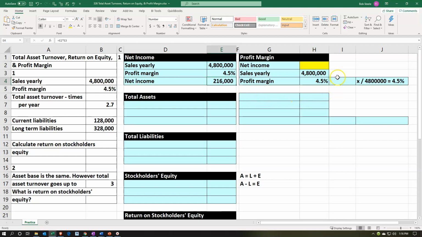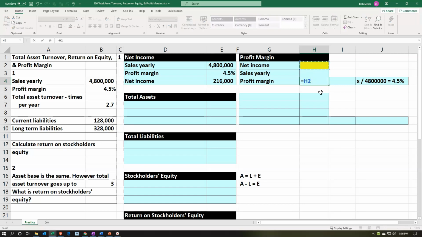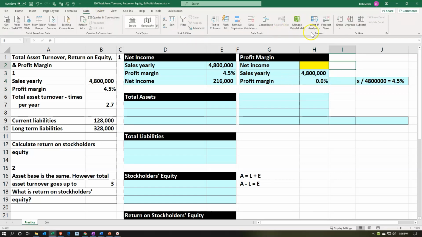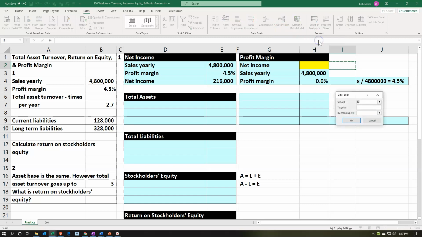We can also calculate that over here using the what-if analysis. I'm going to do the calculation here just to practice the what-if analysis. The formula is net income divided by the sales. Then let's use our what-if analysis: go into Data, Forecast, What-If, and use Goal Seek.